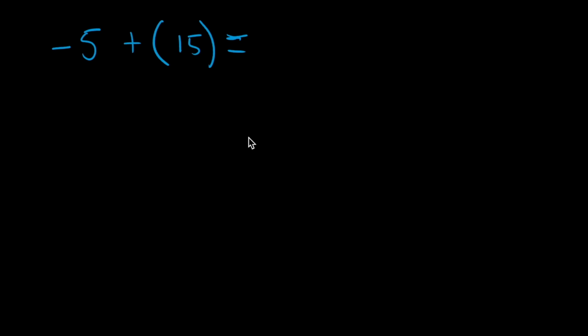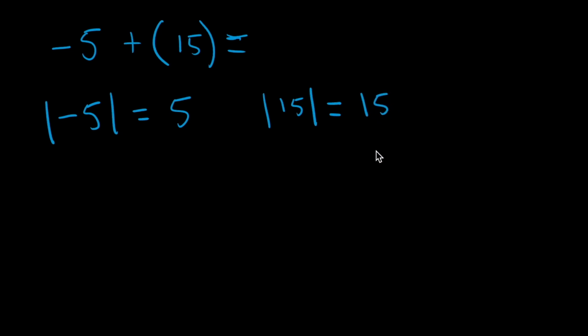So let's find the absolute value of negative 5. That gives us 5. And the absolute value of 15 is 15. So you're 15 units away from 0, and you're 5 units away from 0.